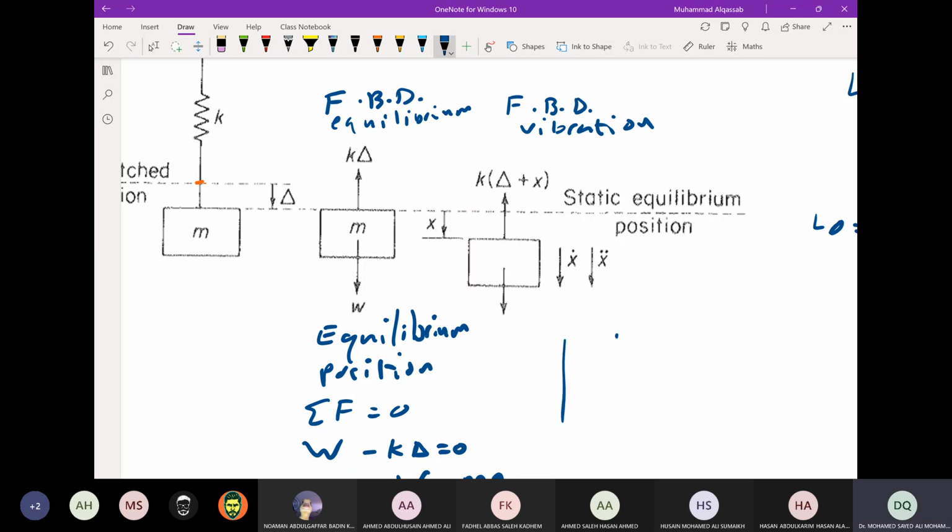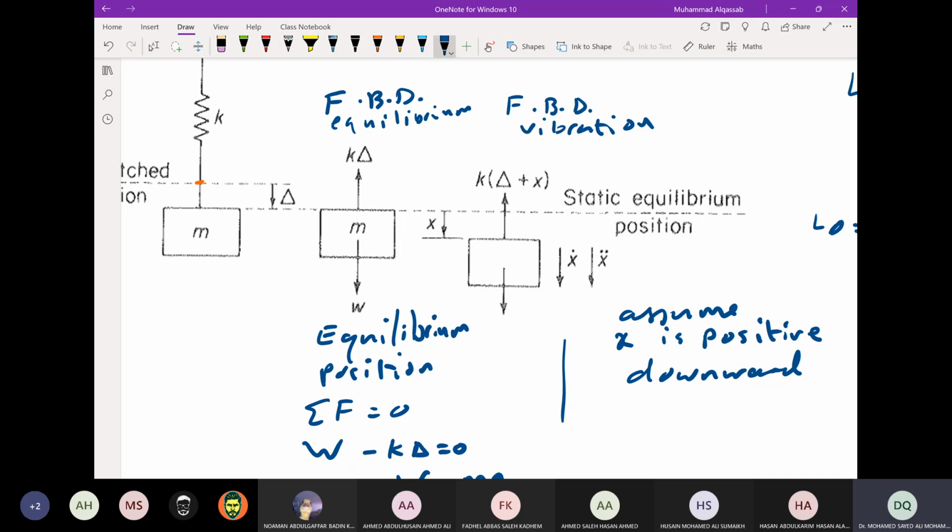So x here is positive downward, which is below the static equilibrium. This is the definition. This is the assumption. Okay, let x, or assume x, be positive in the downward position, below the static equilibrium.